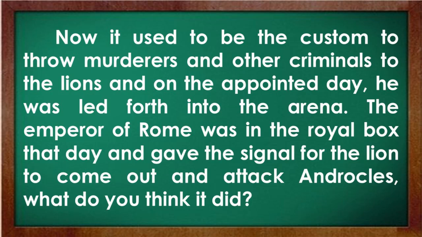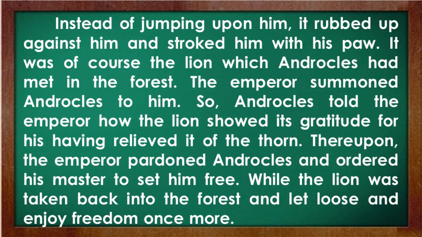The Emperor of Rome was in the royal box that day and gave the signal for the lion to come out and attack Androcles. What do you think it did? Instead of jumping upon him, it rubbed up against him and stroked him with its paw. It was of course the lion which Androcles had met in the forest.